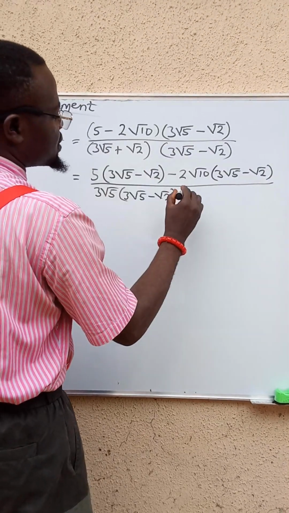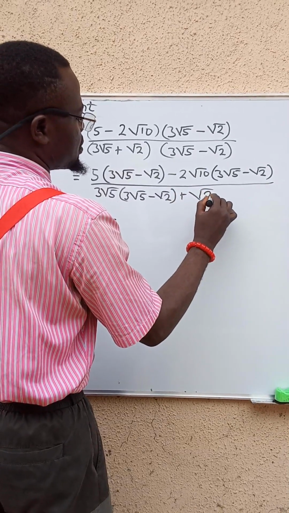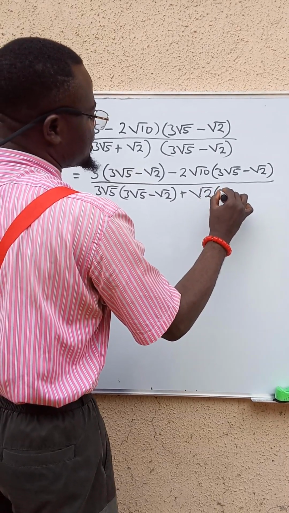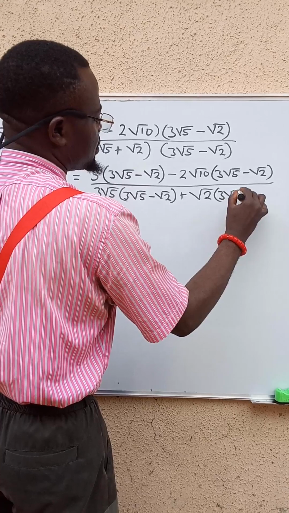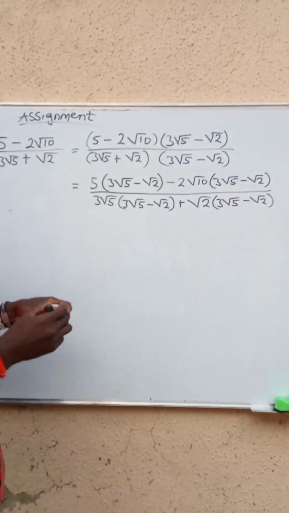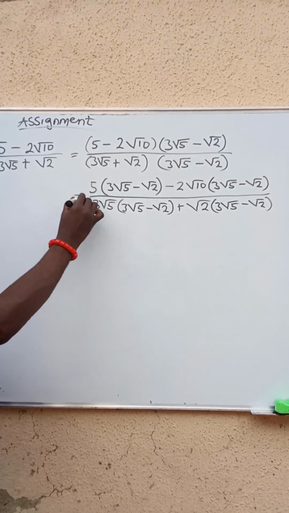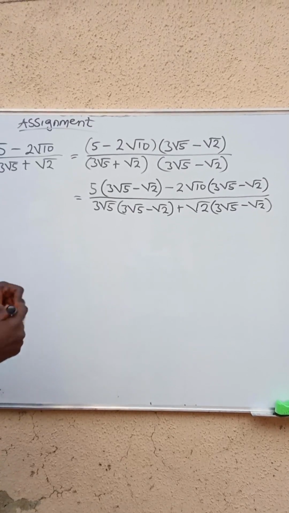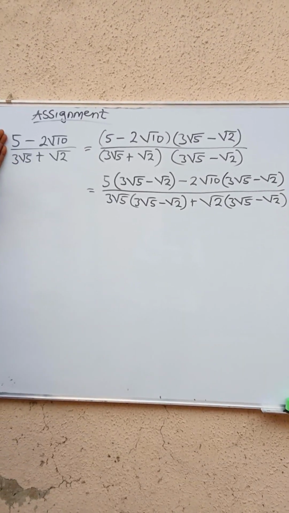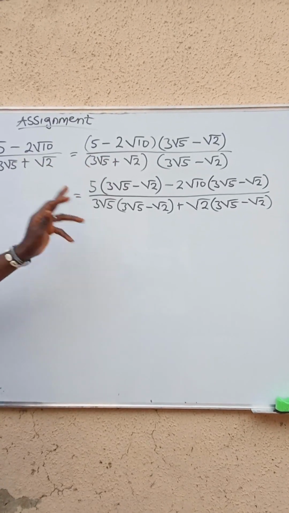This one is plus root 2, on the bracket, 3 root 5 minus root 2. Can you see it? This is my equal sign, because we are solving this. And from here, we got this. From here, we got this.